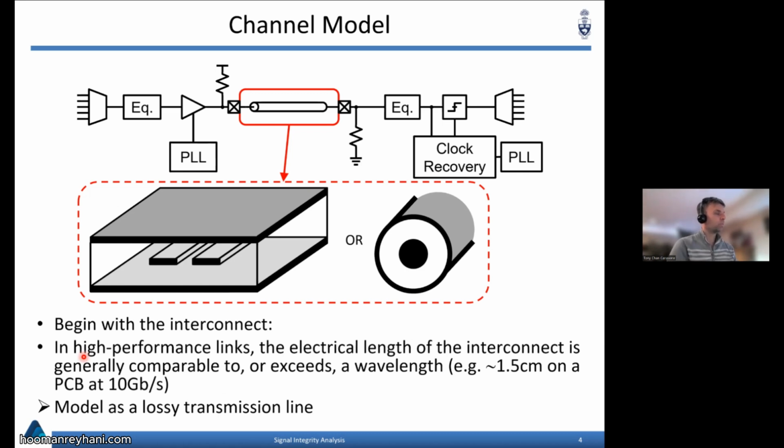So when we're modeling circuit board traces, strip lines, microstrips, or in some cases cabling, coaxial cabling, for example, that's being increasingly used even over relatively short distances, in high performance systems you have micro coaxial cables being used. As soon as you're talking about lengths of a few centimeters, it's appropriate to use a lossy transmission line model rather than a lumped component model.